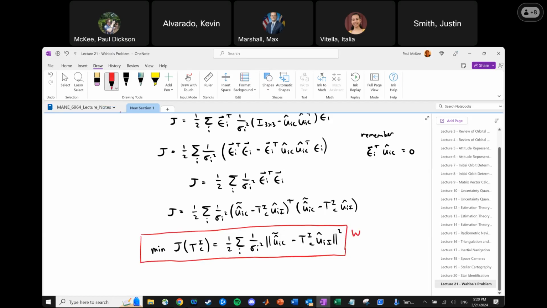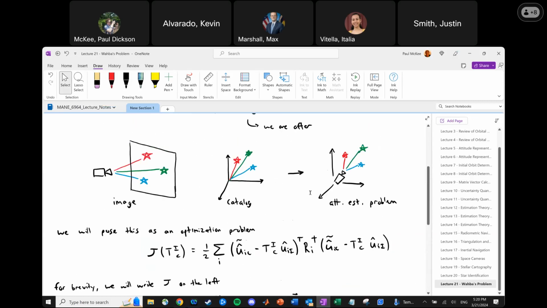So this is Wahba's problem. This is a mathematical formalization of the attitude estimation problem that we were talking about before. Before we were saying, we've got these stars in the image, we've got the stars in the catalog, there's got to be some attitude that makes it make sense.